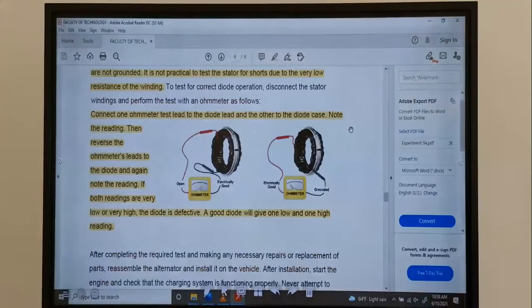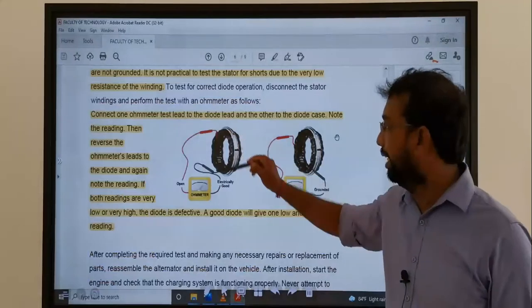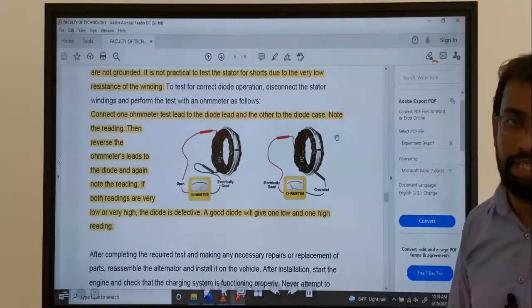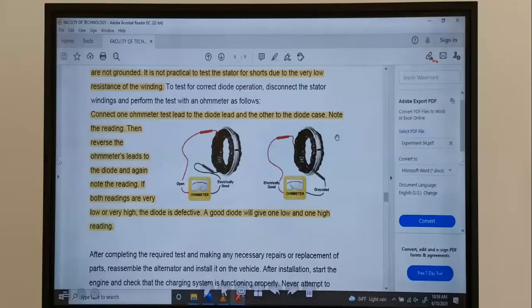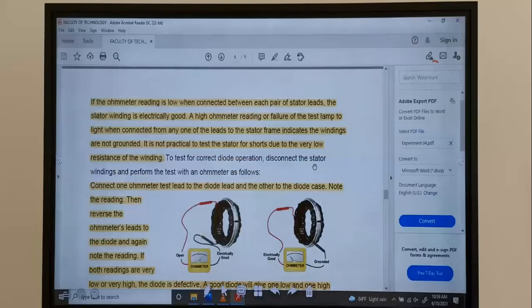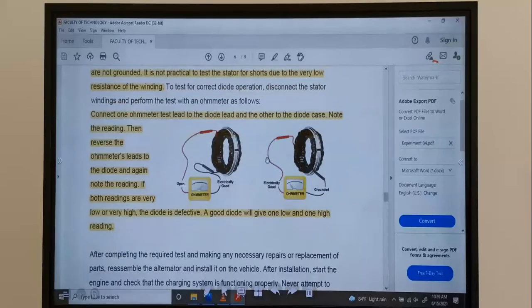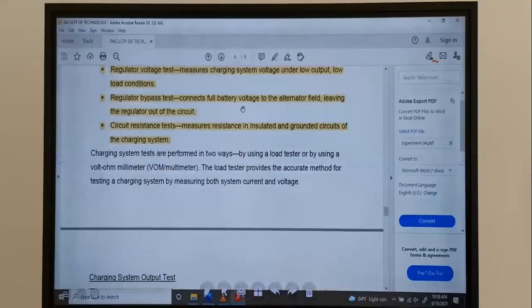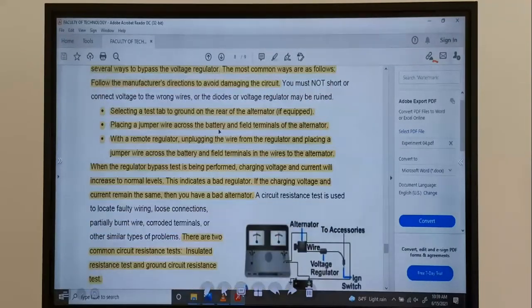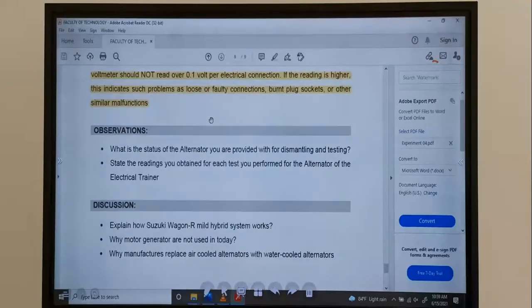Next is both ends of the stator, and next the diodes. We get the readings. These 2 tests will be conducted.